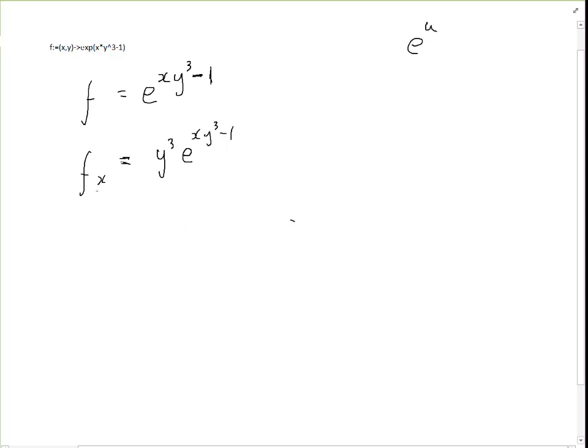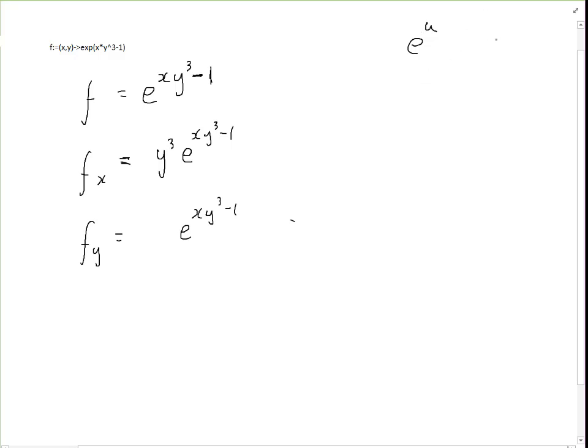That's this partial derivative. This time, again, this will stay here because e to the u, when you differentiate, you get e to the u.